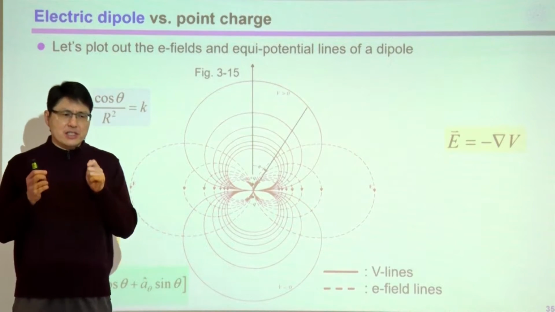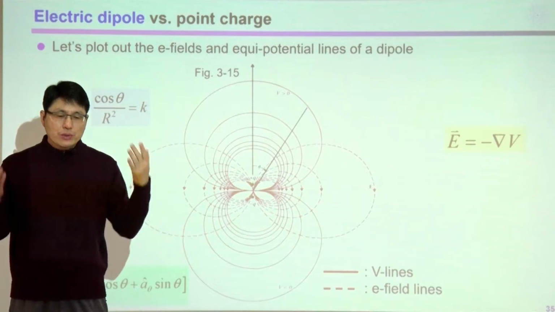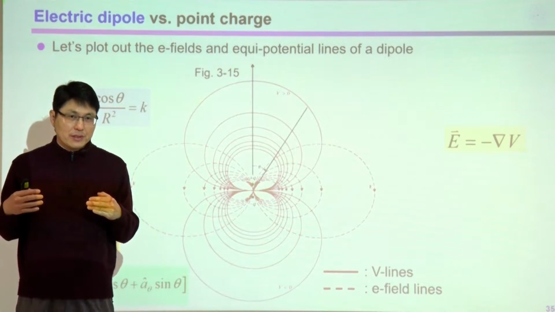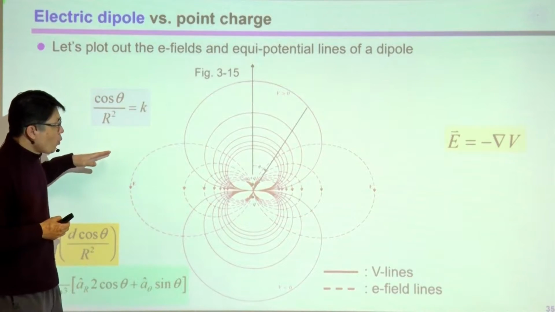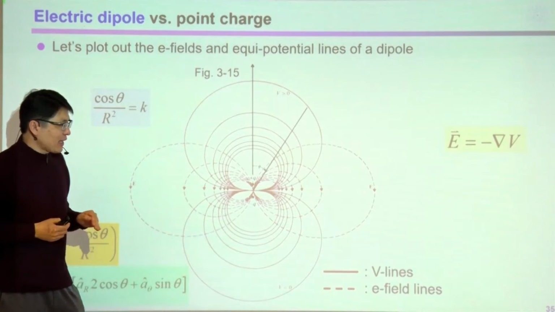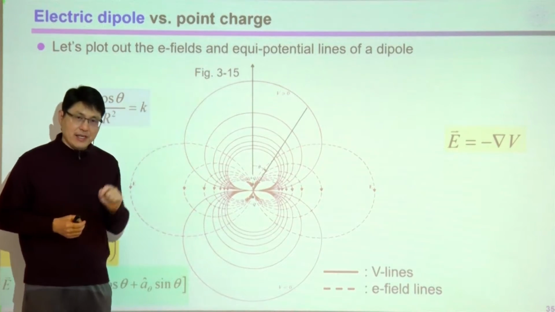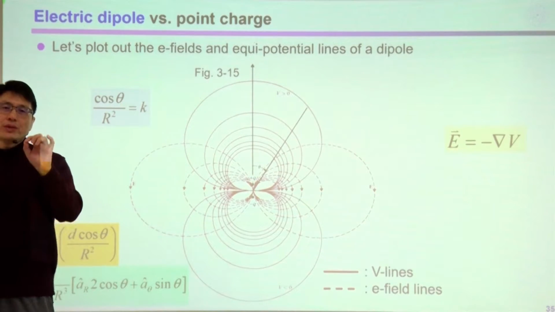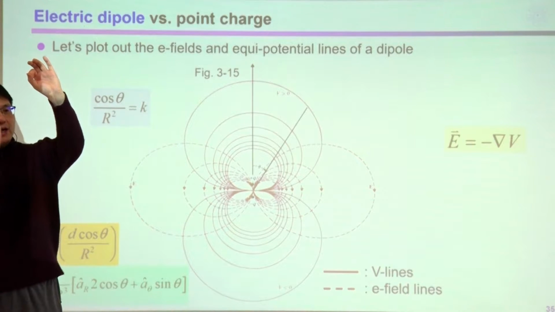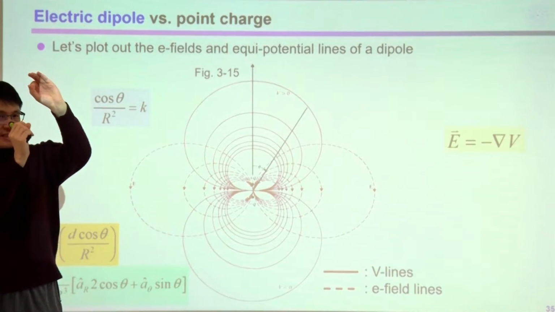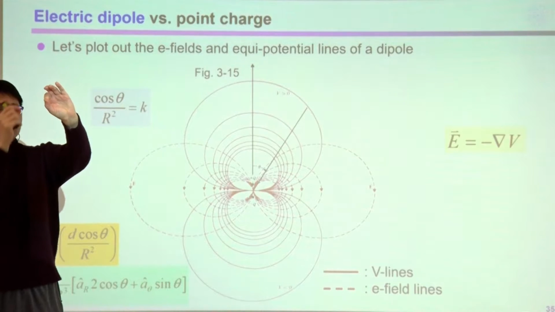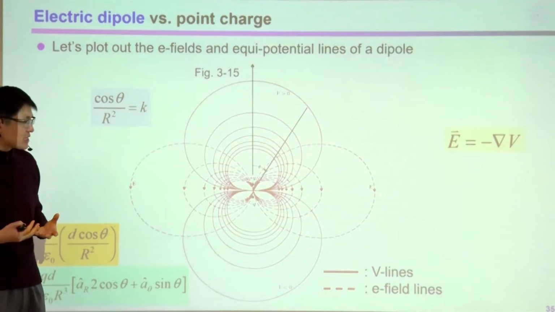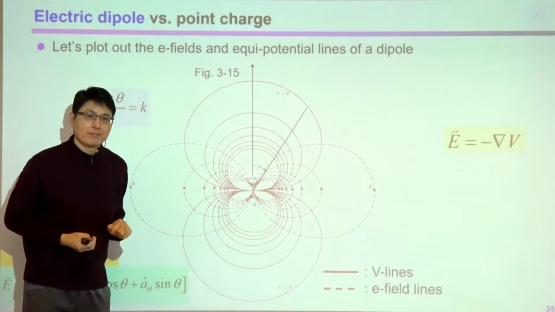Electric dipoles are so important to our understanding of electromagnetics, right? So this is what we have from the textbook, figure 3-15. It's showing you a positive charge and a negative charge with the same magnitude, with the only difference being the sign, and they are spatially separated by d.